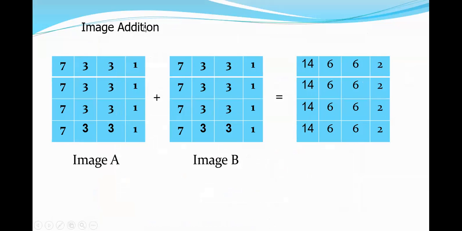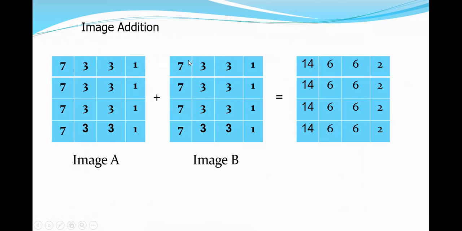So here you can understand how we can perform pixel by pixel addition for two images. So if your, say this is your image A which has size 4 by 4. This is image B which has size 4 by 4, 4 rows, 4 columns. Now we can perform pixel by pixel addition. So this is very first pixel 7.